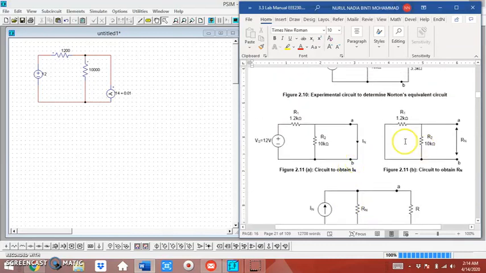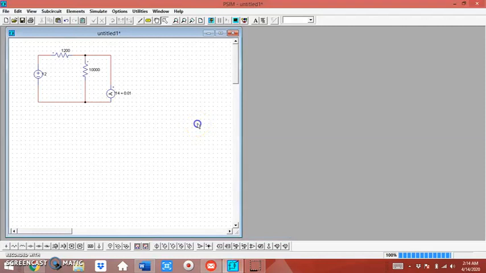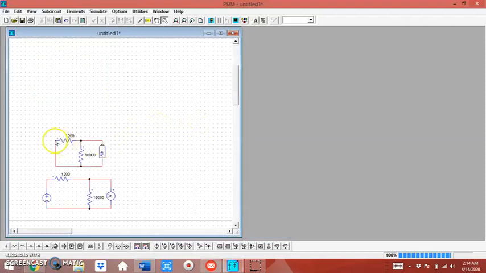So basically this circuit. Now let's do it in the simulation. So this is the voltage source that has been replaced with a short circuit. Now for the value of the resistor, in the simulation there is no device to measure the resistor. So in order to determine the RTH, the circuit must be connected in this way.